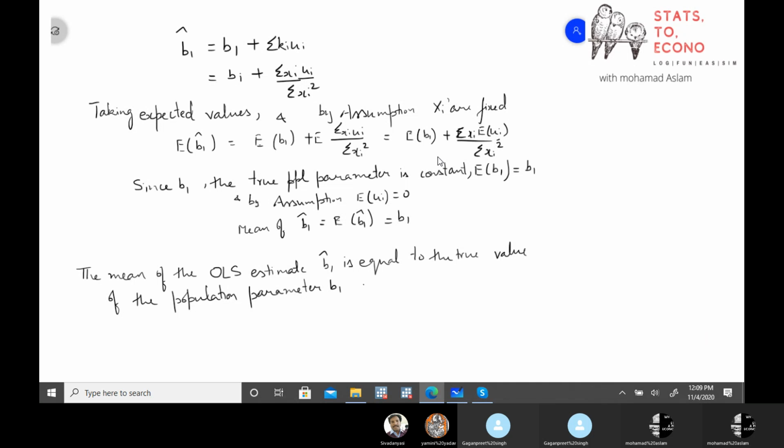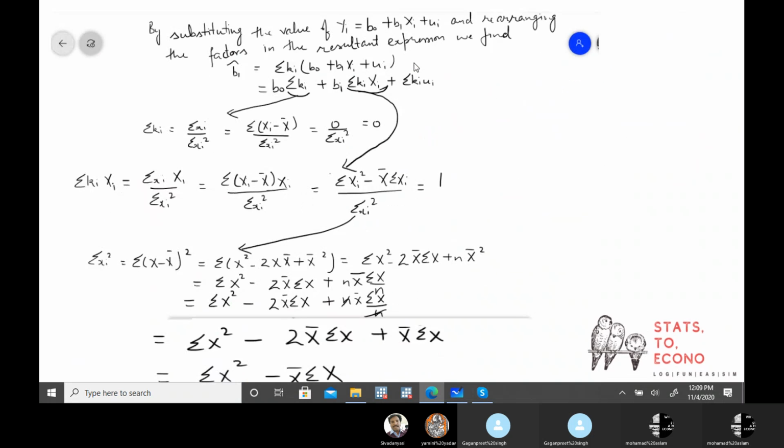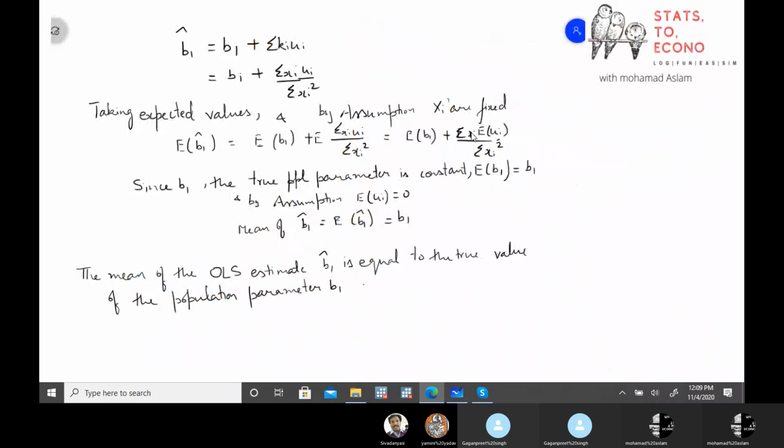That's the property of expectation: if it's a constant term, the constant will come out of the bracket, and expectation is only with the variable. So here again, since we are saying that xi is fixed in repeated sampling, it's a constant term, so expectation is only with the residual term, which is varying from one individual to another, or one time period to another.